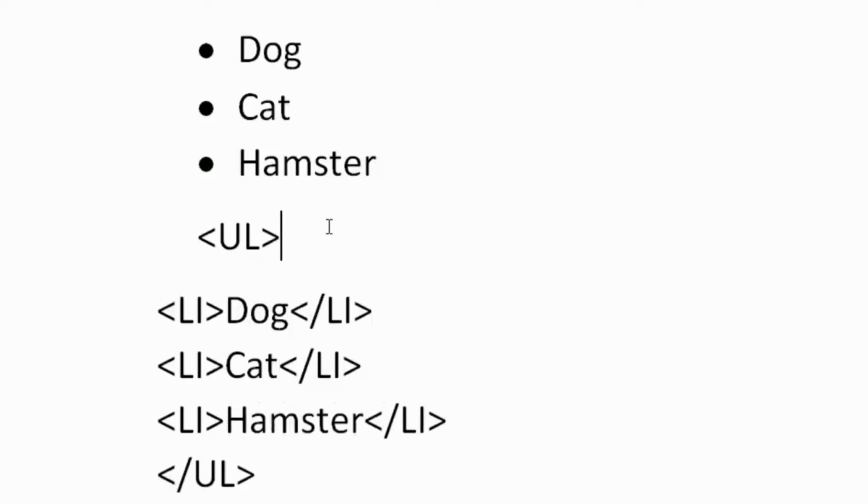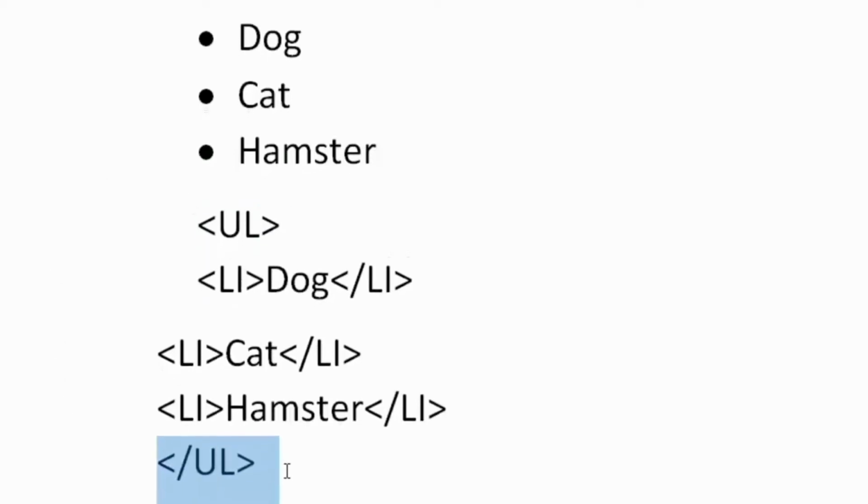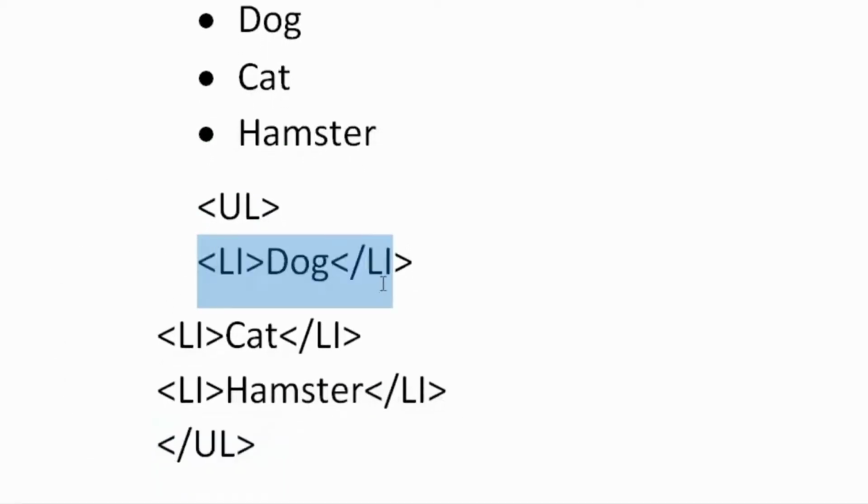Pretty simple, right? So after you understand that concept that you have the open tag here, the close tag here, and then the items that are surrounded by the LI tag. So LI dog /LI, LI cat, close the tag, LI hamster, and then close that tag.